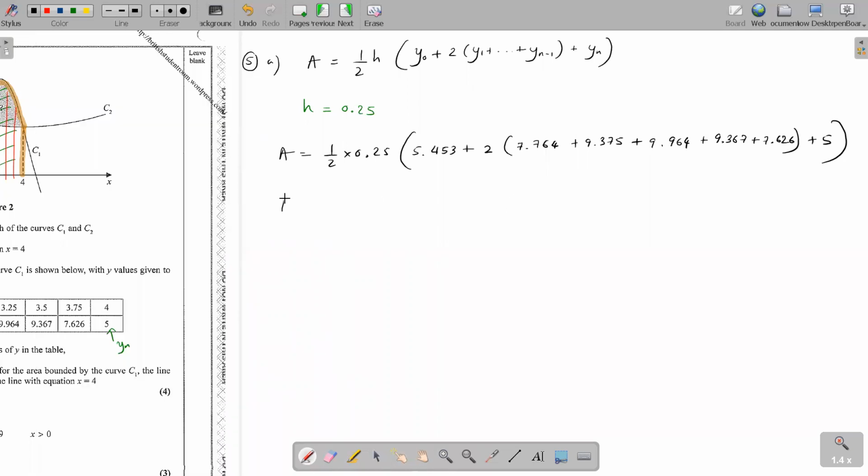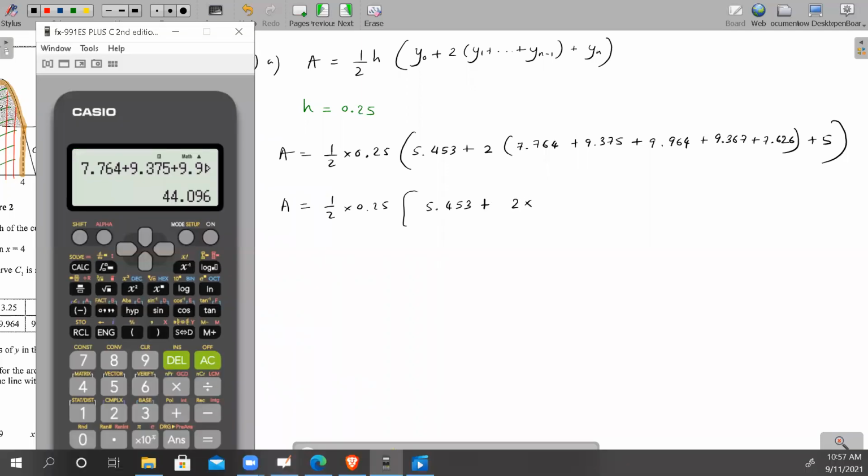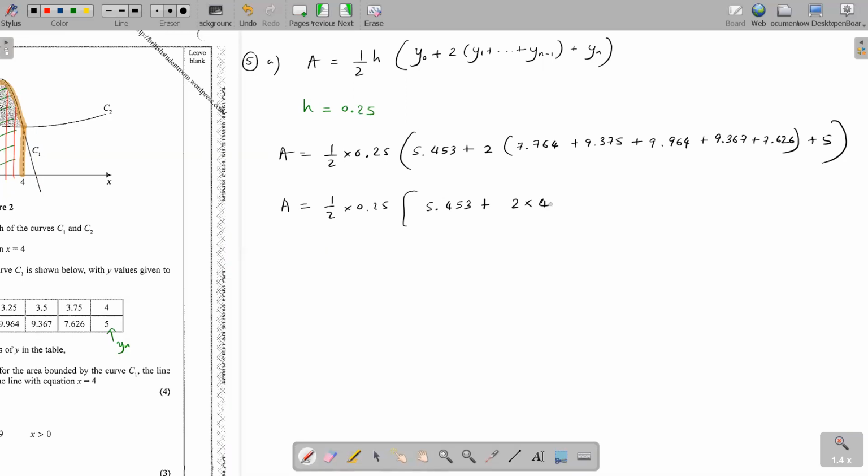So let's put it here. Area equals half into 0.25 into, so here I just added the middle y values, that's all, 5.453 plus twice the answer we got inside the bracket, 44.096, plus finally there's a 5.